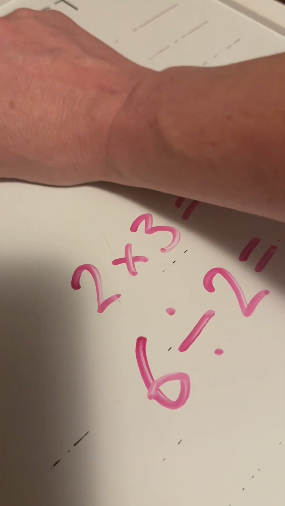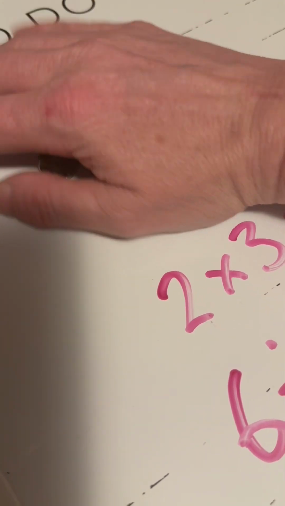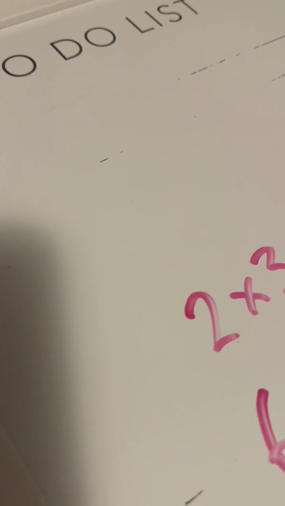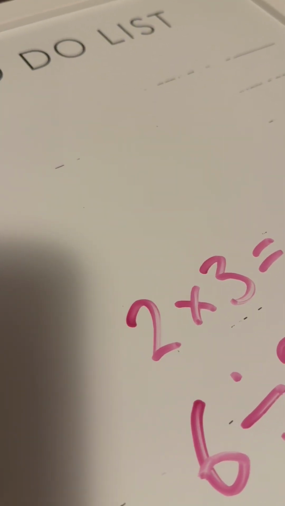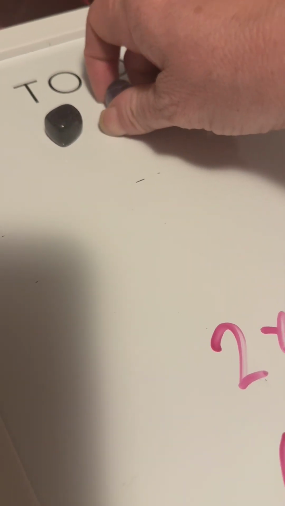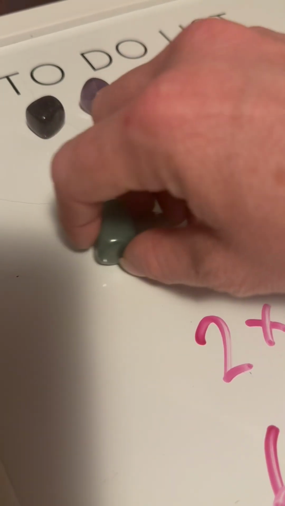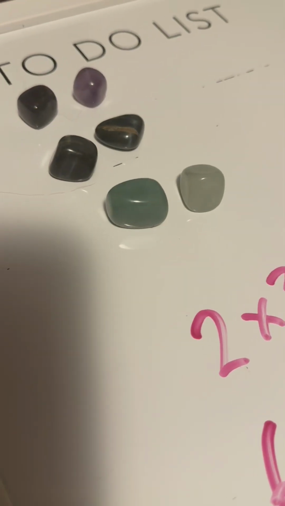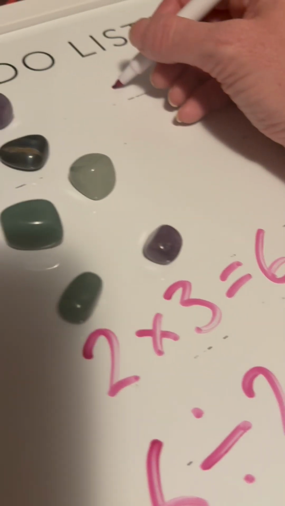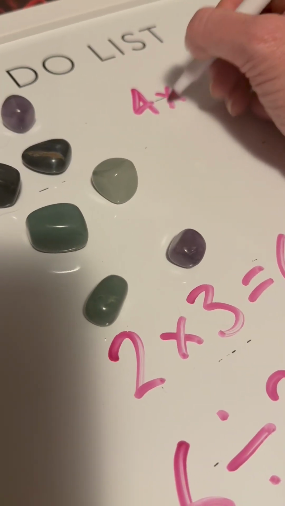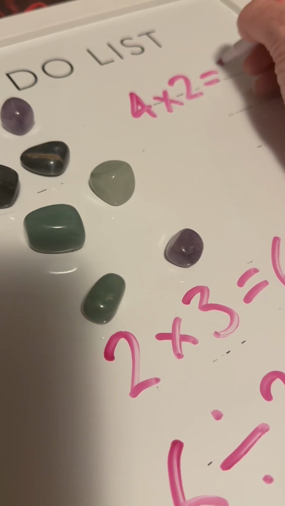So let's do that again with a different number. So 4 times 2, meaning we have 4 groups of 2. 4 times 2 equals 8.